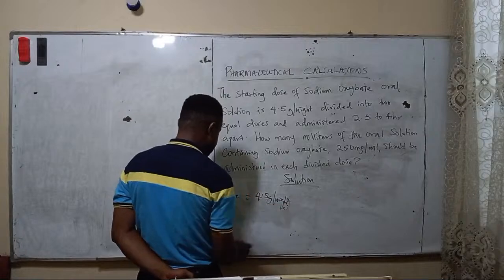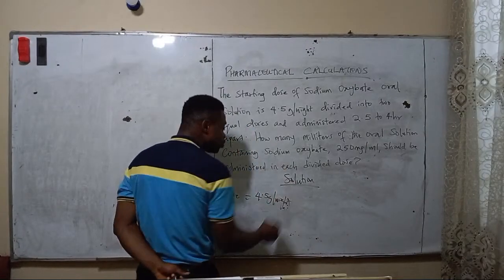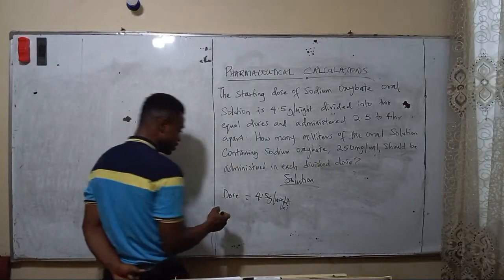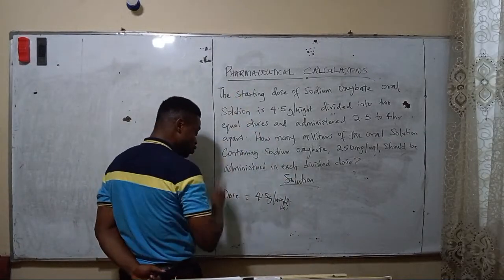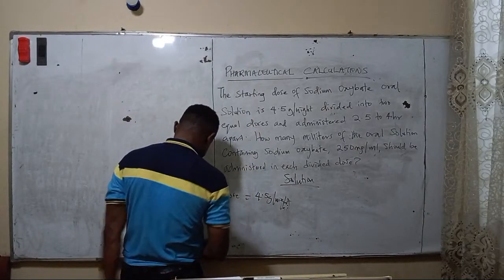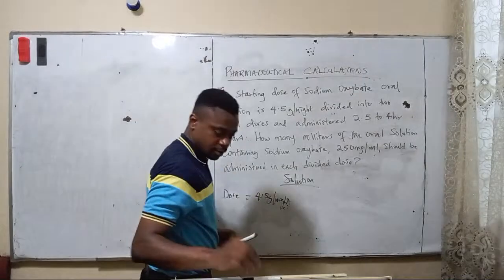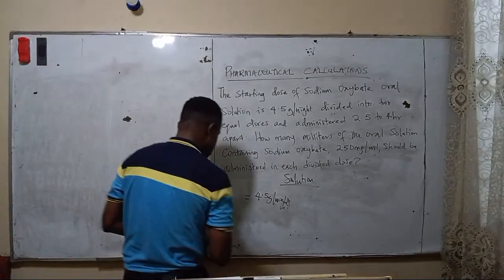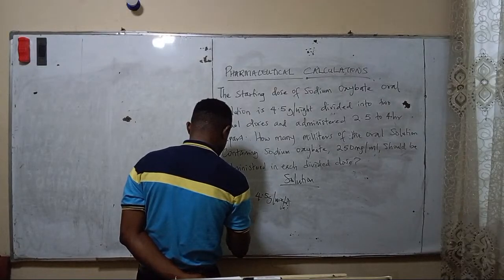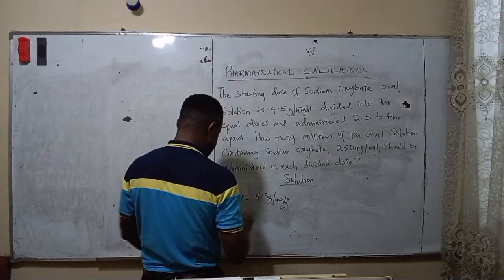That's the dose per night, but in 2 divided doses. So if you want to have it in 2 divided doses, that means the doses should be equal. So the dose per night is this, but in 2 divided equal doses.